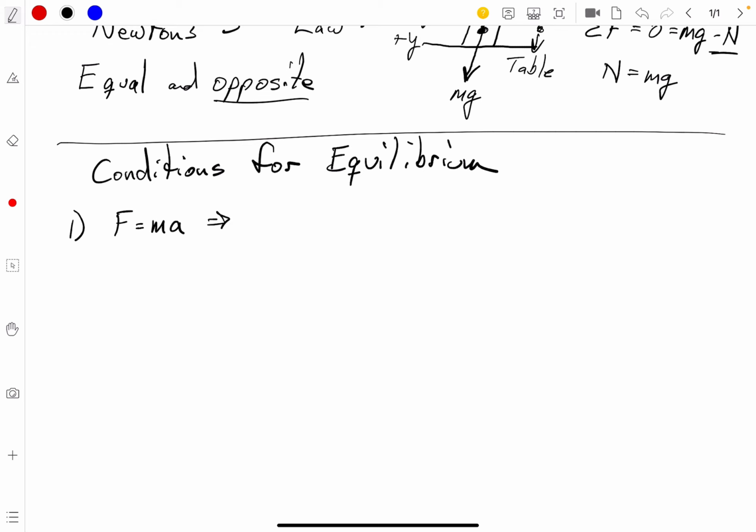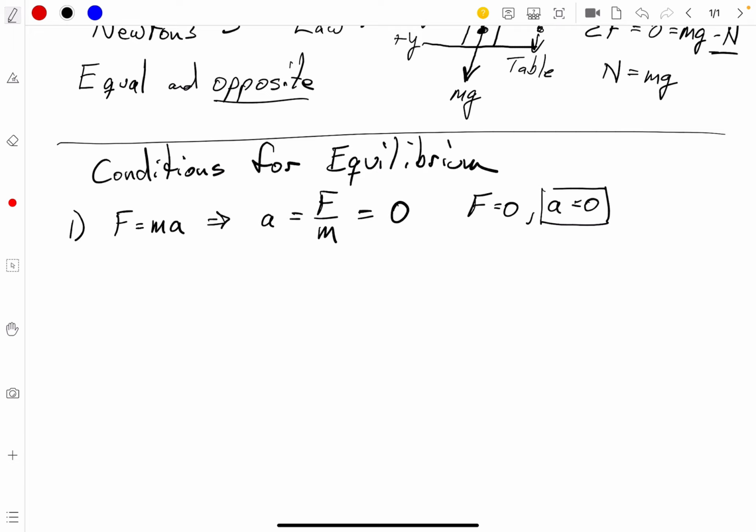You can turn that into a equals F over m if you want. And you know that m isn't 0, so that's nice. We don't have to divide by 0. We're not Chuck Norris. Thank you very much. And so our acceleration is 0 in equilibrium. So for that to be true, F has to equal 0, a has to equal 0.